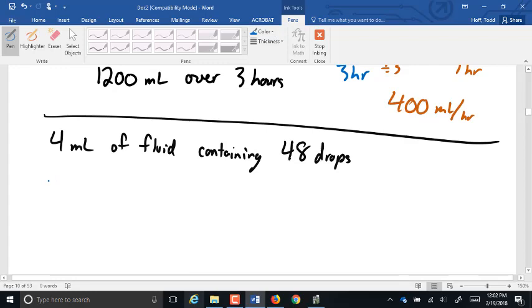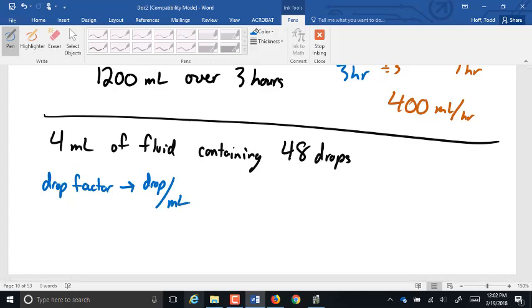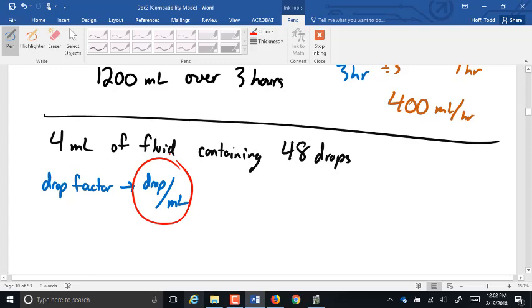A drop factor is the rate of drops per milliliter. And we've mentioned before, a lot of times the units can tell us how to figure this out.